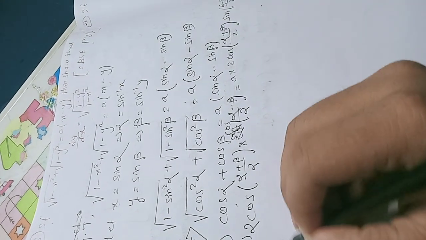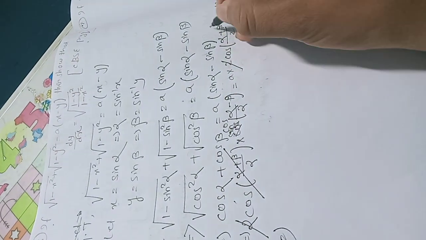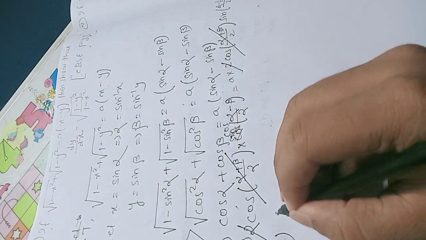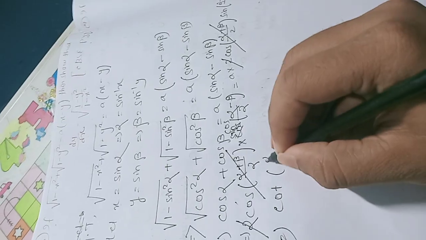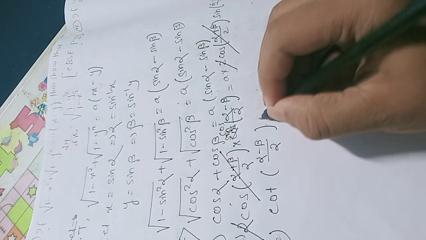Okay. 2 cancel, cos function cancel. So cot of alpha minus beta by 2 is equal to 1.